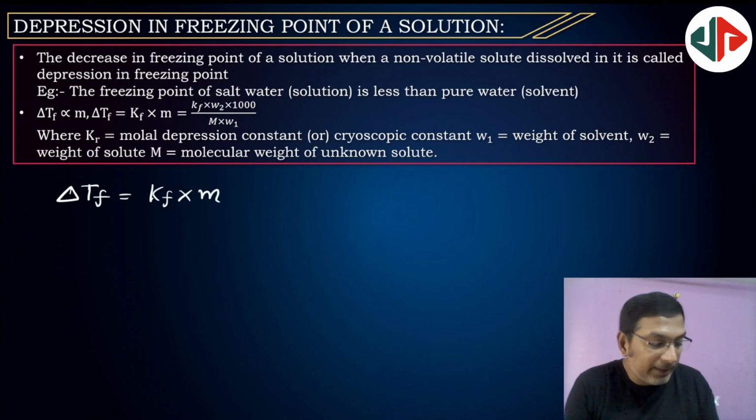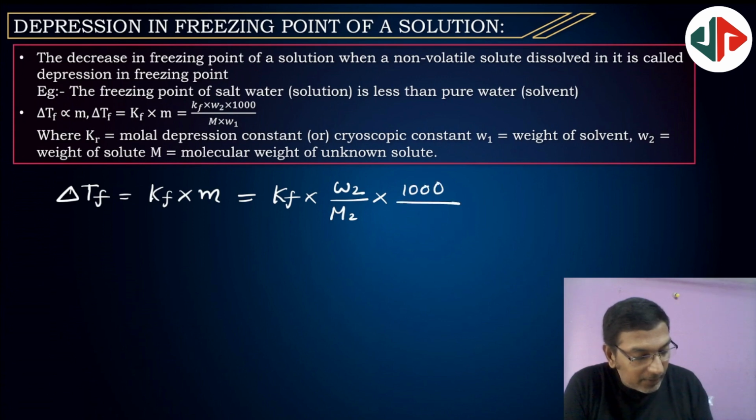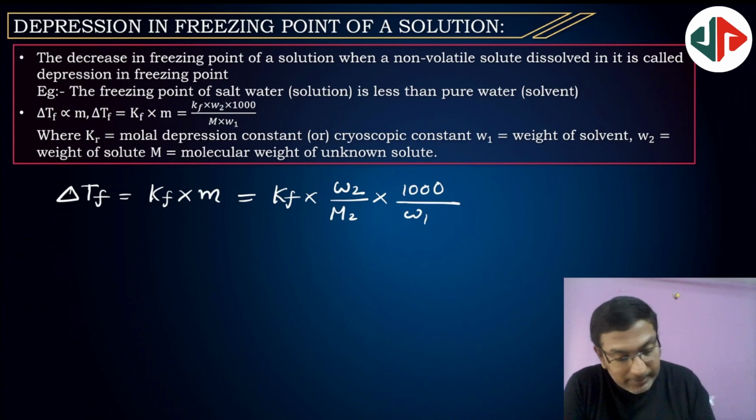Molality can be written as weight of solute by molecular weight of solute into 1000 by weight of solvent, W1. So M is molecular weight of solute, or you can take it as M2 also.